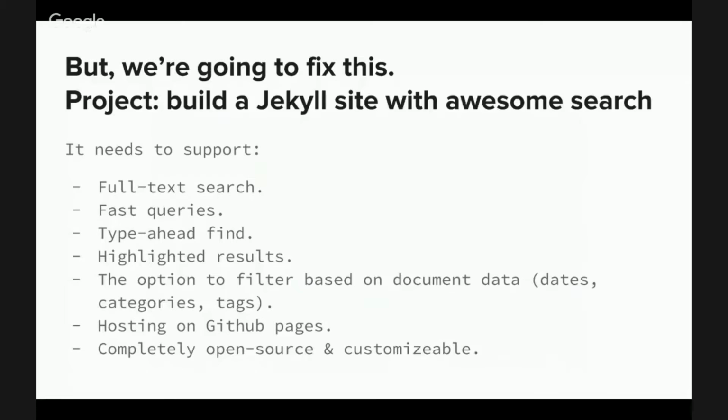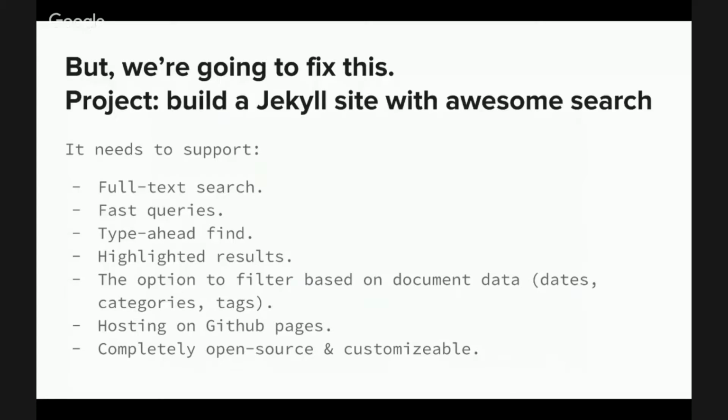Me personally, I do host on AWS because I'm using other plugins, but I wanted people that were just using a simple Jekyll site to be able to use this particular setup so that they could add search. And then lastly, I wanted it to be completely open source and customizable so that you didn't have to use anything else but the code that other people had.